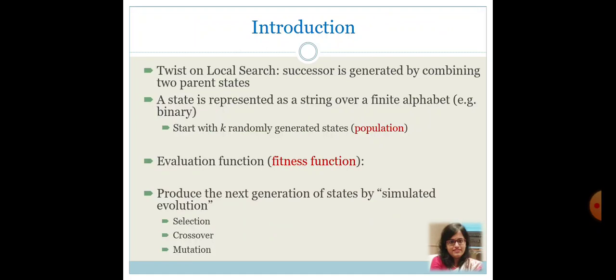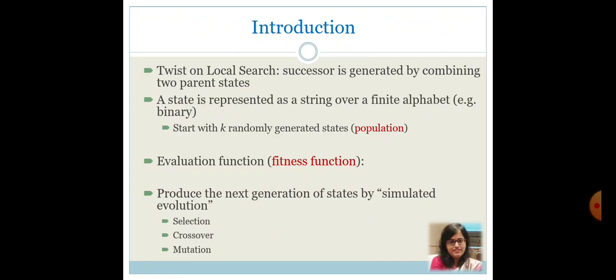So, what is GA? It is basically a twist on local search algorithms where a successor is generated by combining two parent states. A state is represented by a string over a finite alphabet, and if it is a binary encoding technique, then 0 and 1 are used.